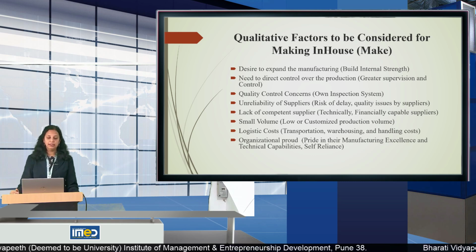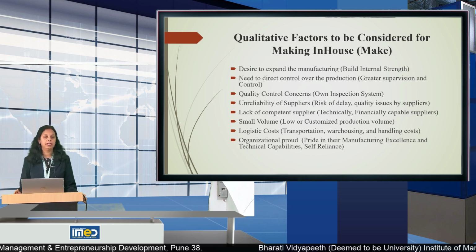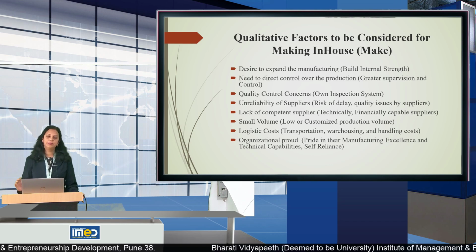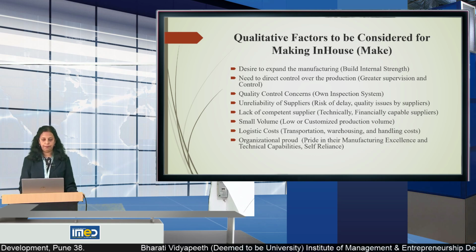It is a very qualitative factor, that they get pride in their manufacturing excellence and technical capabilities and self-reliance. Everyone always thinks that we should be self-reliant, we should not depend on the supplier. So in that case, it is better to go for make, that is producing the component in-house.